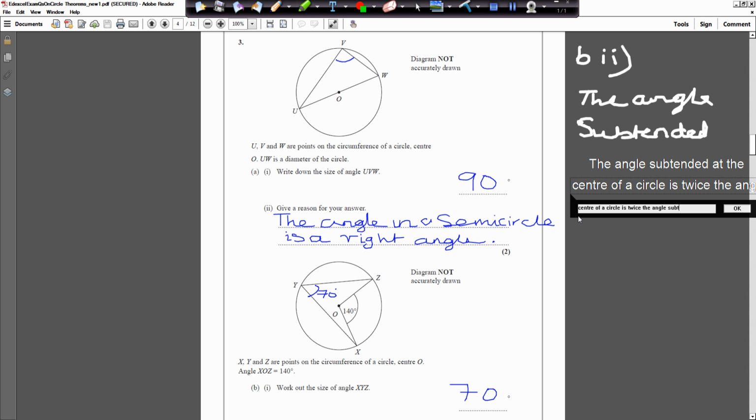I'll write down the angle again. Subtended at the.